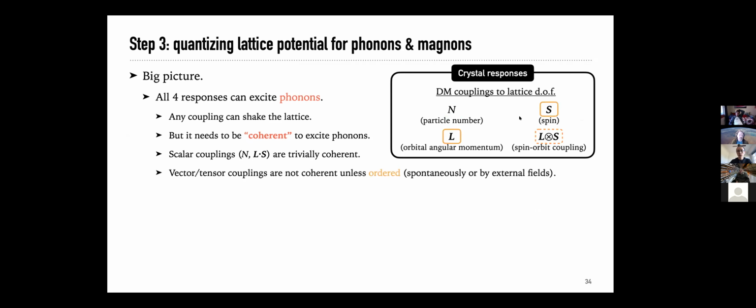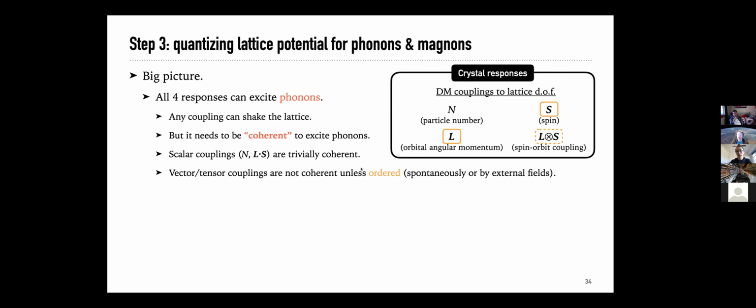But some of these quantities may not be coherent because these are vector or tensor quantities. For example, if you couple to the spin of protons, neutrons, or electrons, the coupling would not be coherent if you have an unpolarized target, because the spin would point in one direction in one primitive cell and in a different direction in the next cell. So the contributions don't add up.